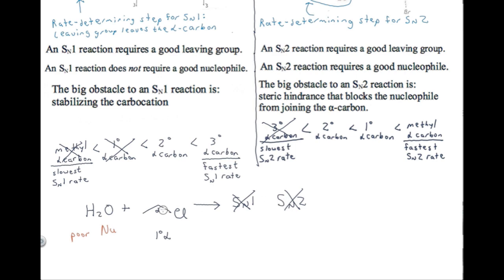The alpha carbon's okay. A primary alpha carbon is okay for SN2, but water is a poor nucleophile. So water is not a good enough nucleophile for SN2. So these starting materials are not good enough for either SN1 or SN2. In fact, what you would get in this situation is no reaction.